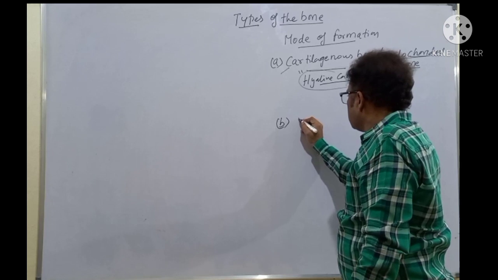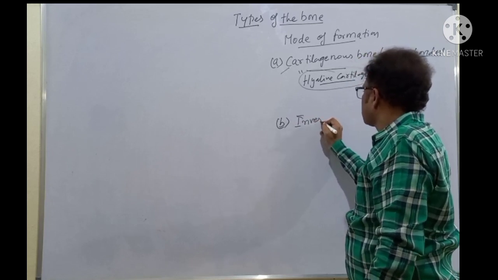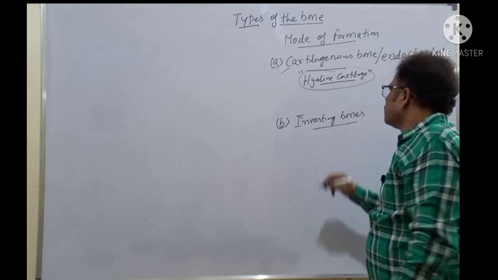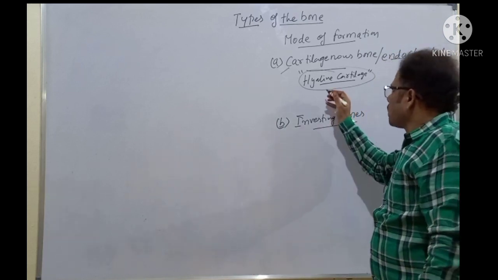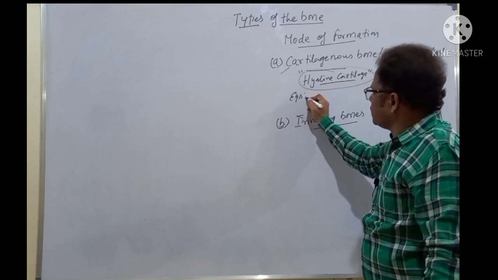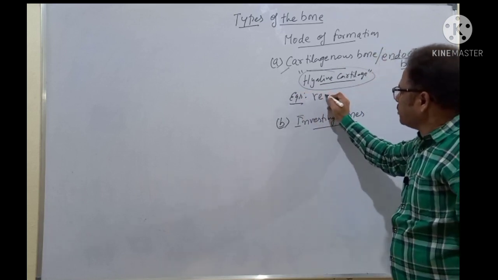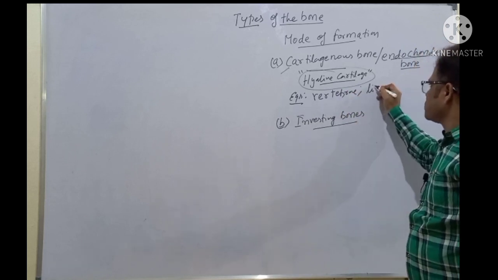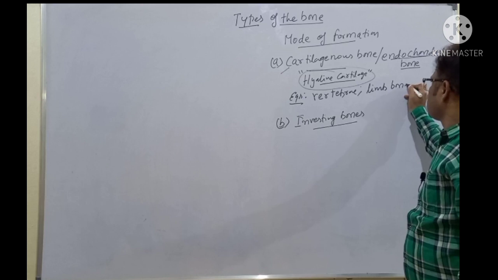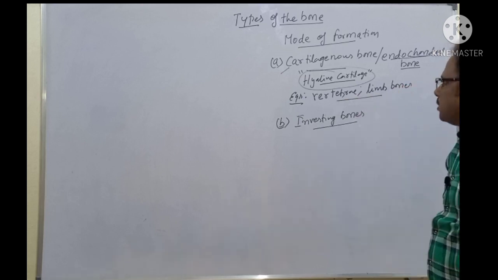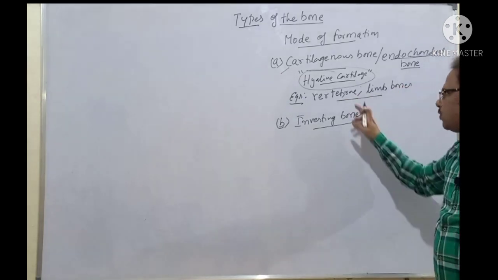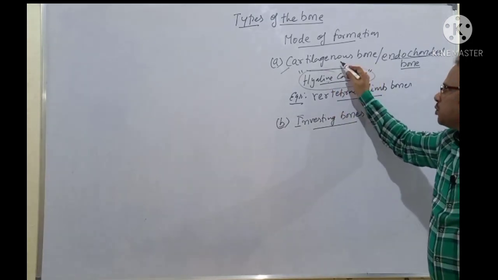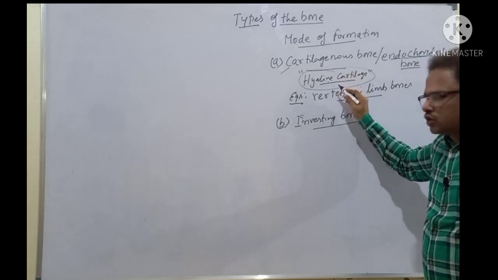Examples: vertebrae of the vertebral column, and also limb bones. These are the common examples of cartilaginous bones because they are formed in association with the hyaline cartilage. Hence we can say that cartilaginous bones are the commonest form of bones in the human body.